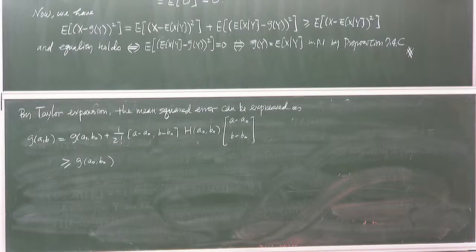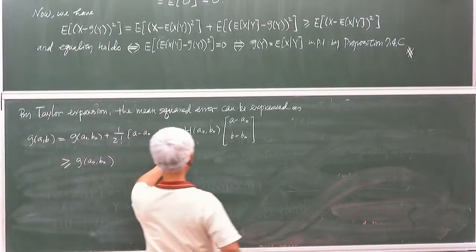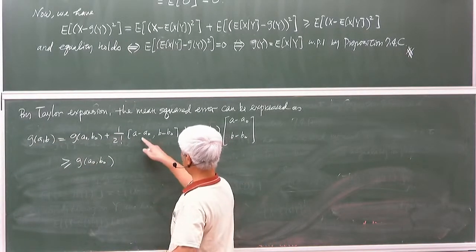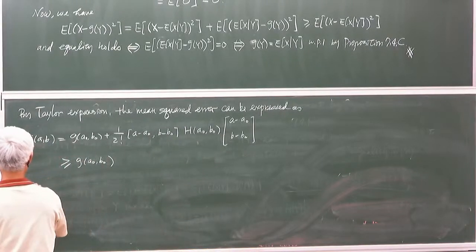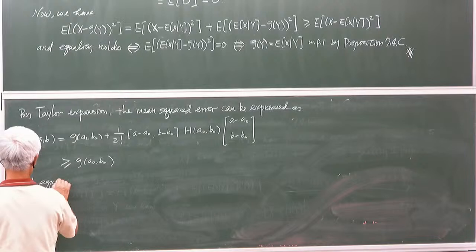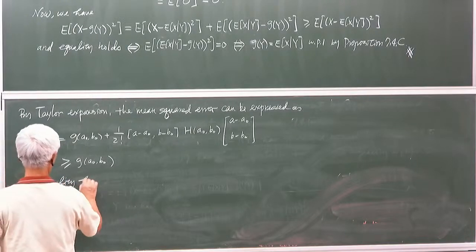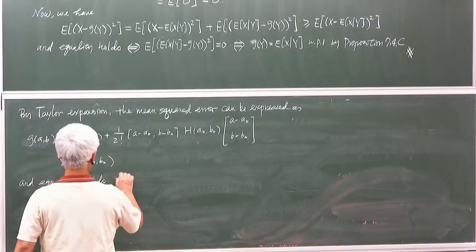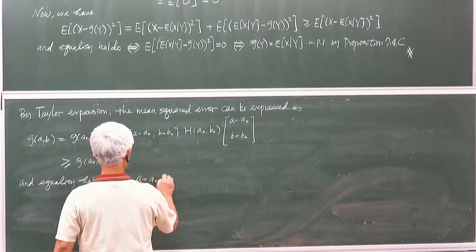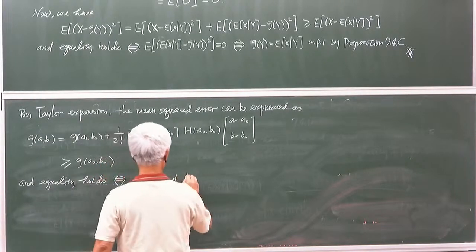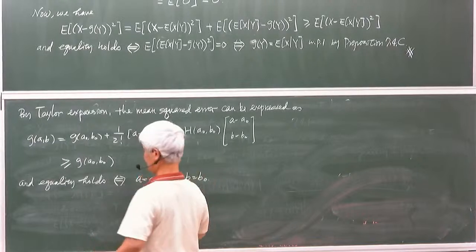So this is always positive, except that this is the 0 vector. All right, so we have a lower bound, and the equality holds if and only if A equal to A0 and B equal to B0.